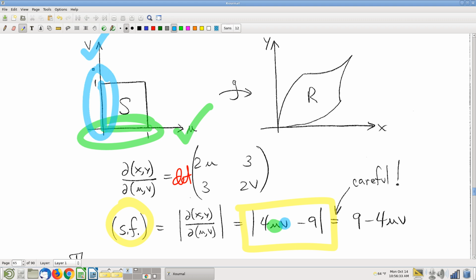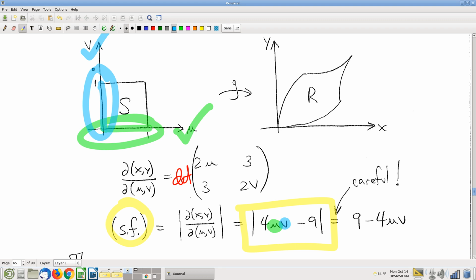And now let's just look at this expression, 4uv minus 9. If u and v are always between 0 and 1, then I've got something that's always between 0 and 4, and I'm subtracting 9 from it, and that's always going to be negative. Everybody on board? So it's something that's important to deal with, but usually is easy to deal with.